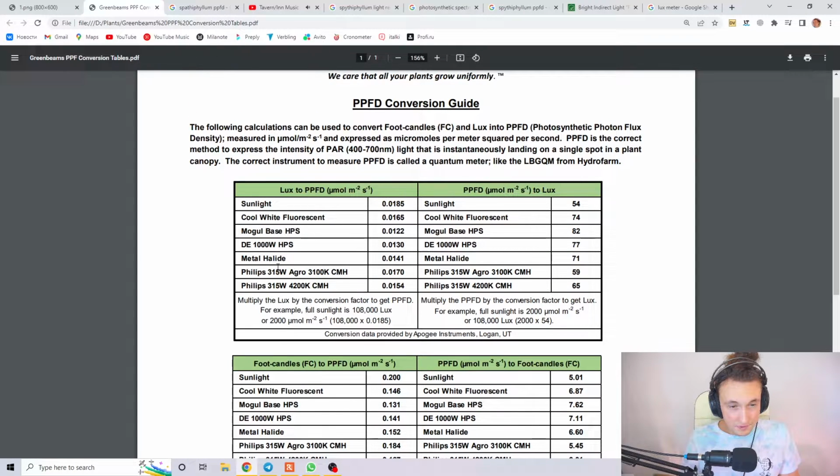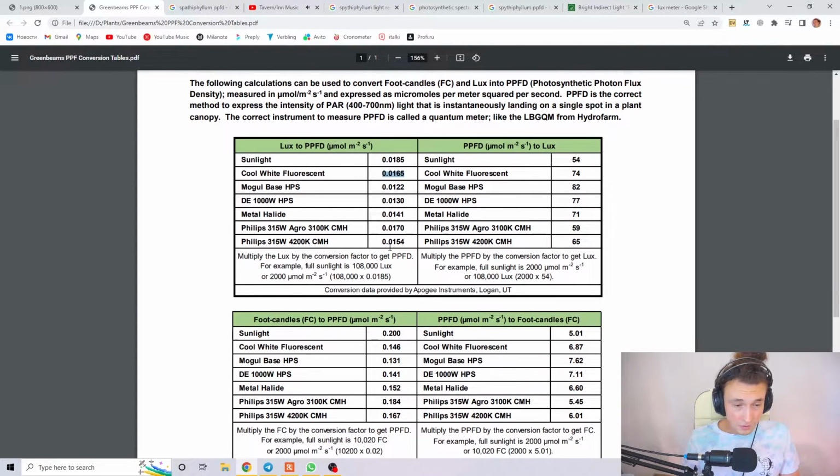For example, if you grow plants under, where is it? Oh my god. Yeah, let's say white fluorescent, you need to multiply this value by this, and if you are using, let's say, HPS, you should multiply it by this number.